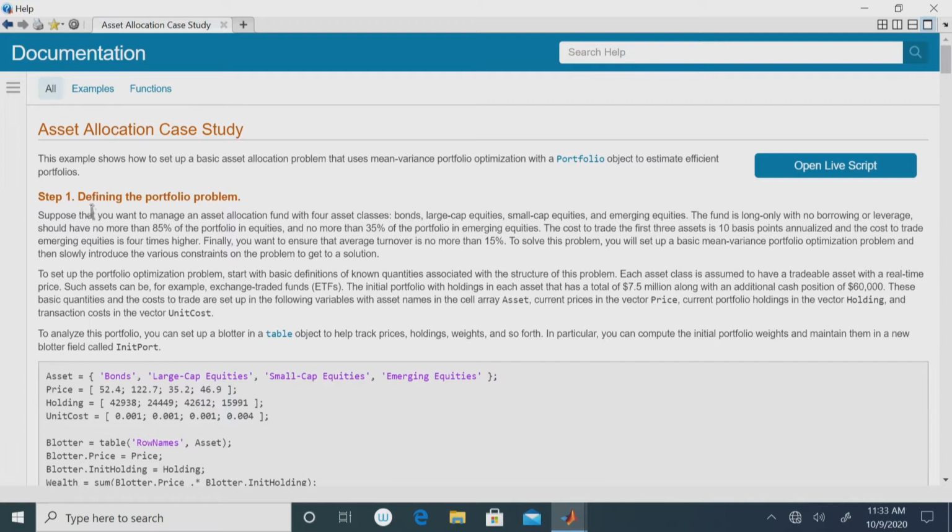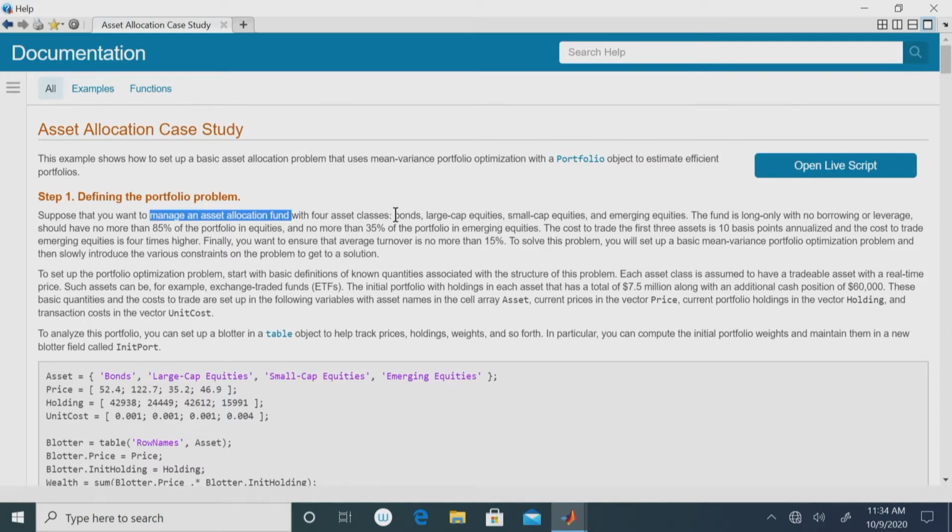So, the first thing to do is to define the portfolio problem. Now the goal is to manage an asset allocation fund. So, this means that you want to create a portfolio, and the portfolio will not comprise just individual stocks, but rather 4 asset classes.